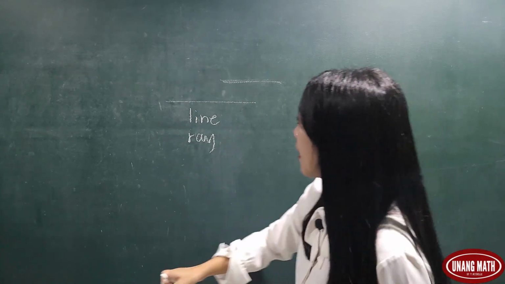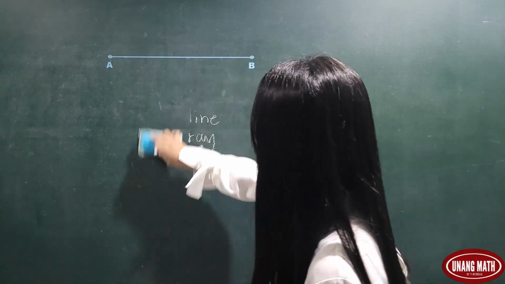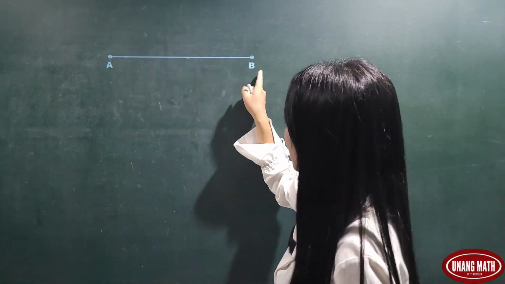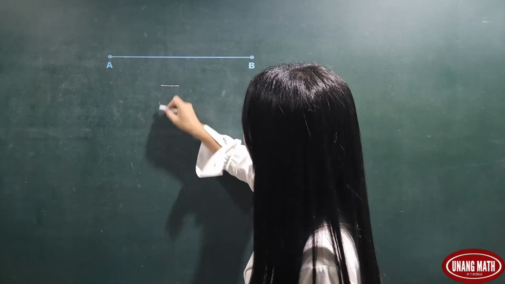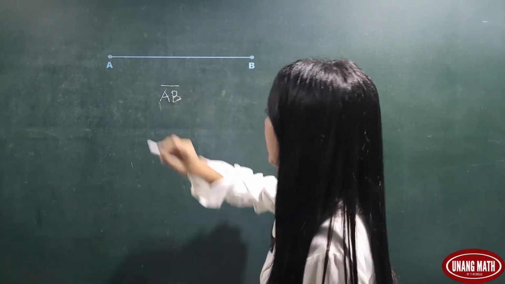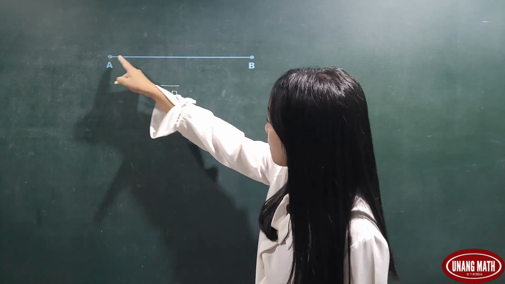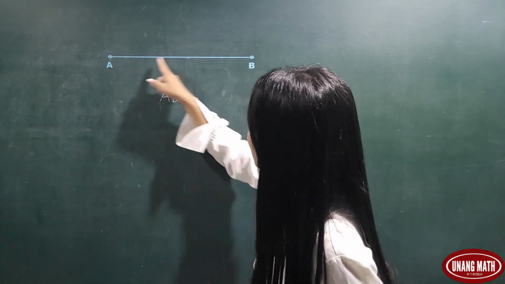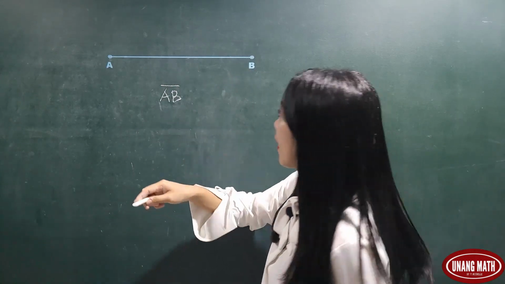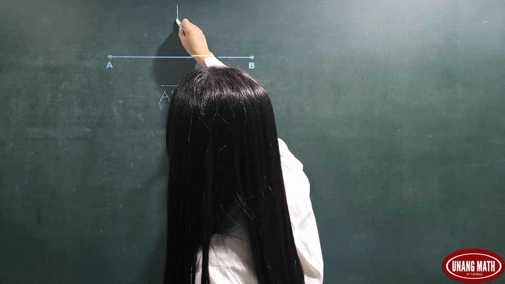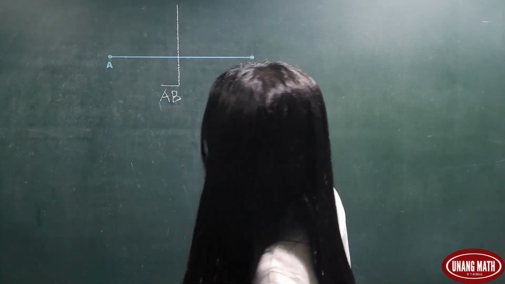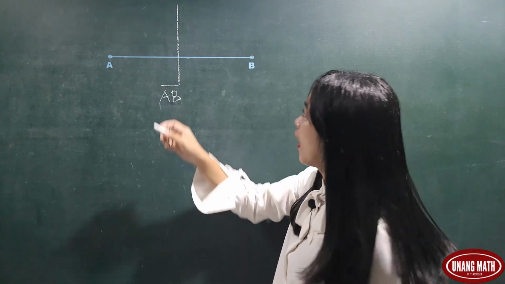Okay, let's give an example. This is a segment and we will name this segment as segment AB. Since it has a starting point and end point, that means we can divide this segment into equal lengths. So we will draw a straight line to divide this segment into equal lengths.